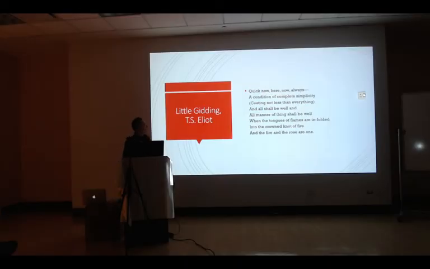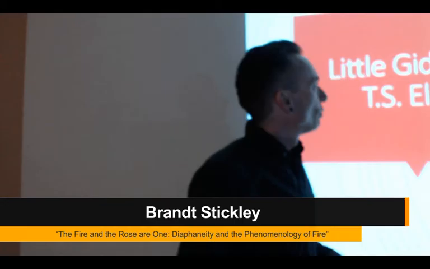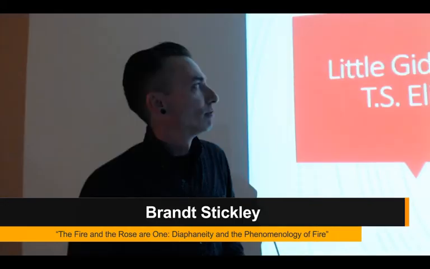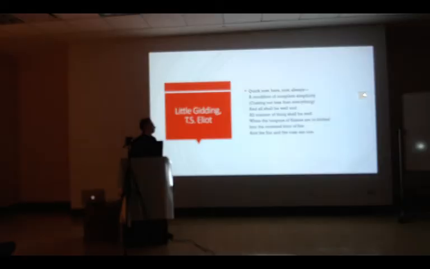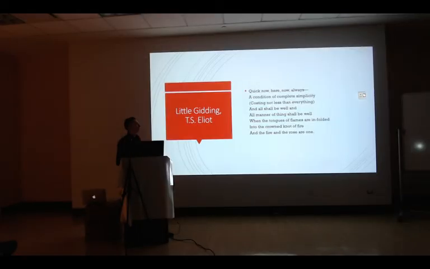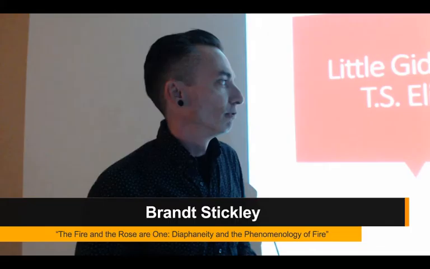We have here the final stanza of the last poem in Eliot's Four Quartets, which reads, "Quick now, here, now, always, a condition of complete simplicity, costing not less than everything, and all shall be well, and all manner of things shall be well, when the tongues of flames are enfolded into the crowned knot of fire, and the fire and the rose are one."